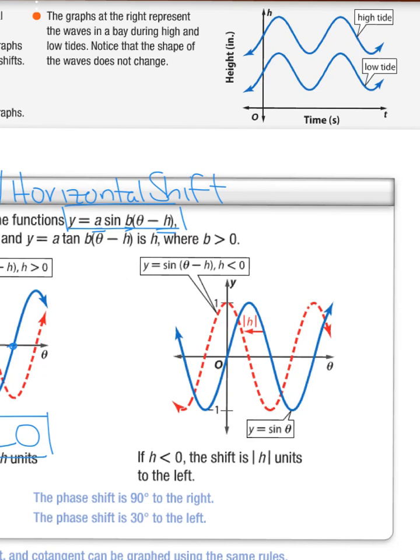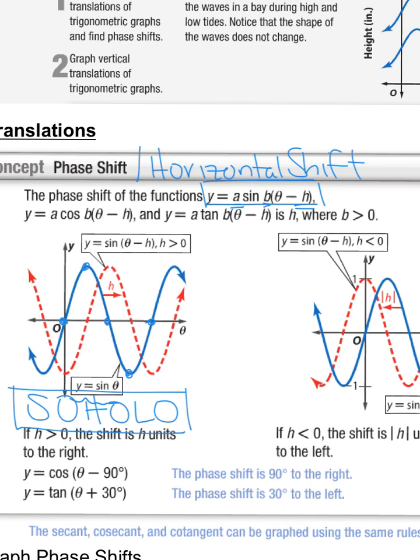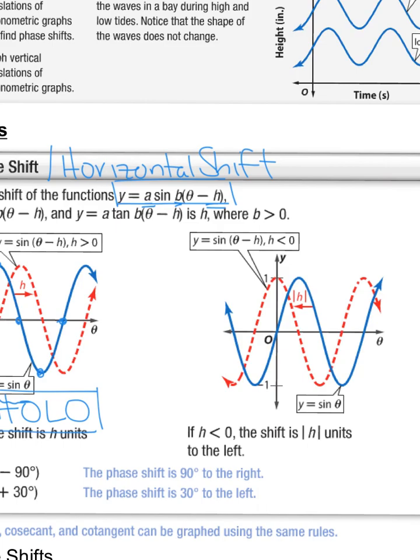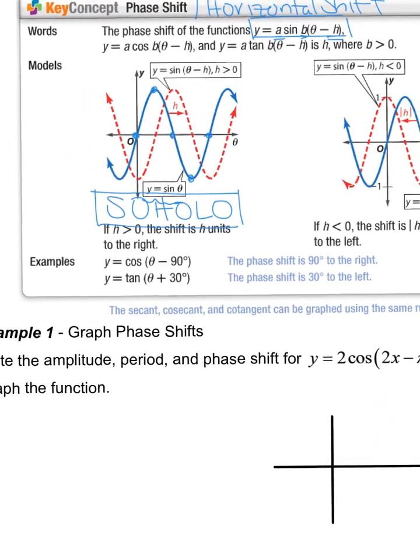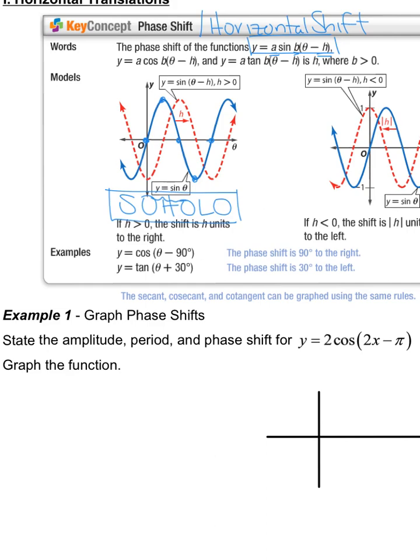So the blue is our traditional sine wave, and then the red is our graph shifted h units. Just like before, if h is positive, we're moving to the right. H is negative, we're moving to the left. So it's kind of the opposite of what you see in your equation.